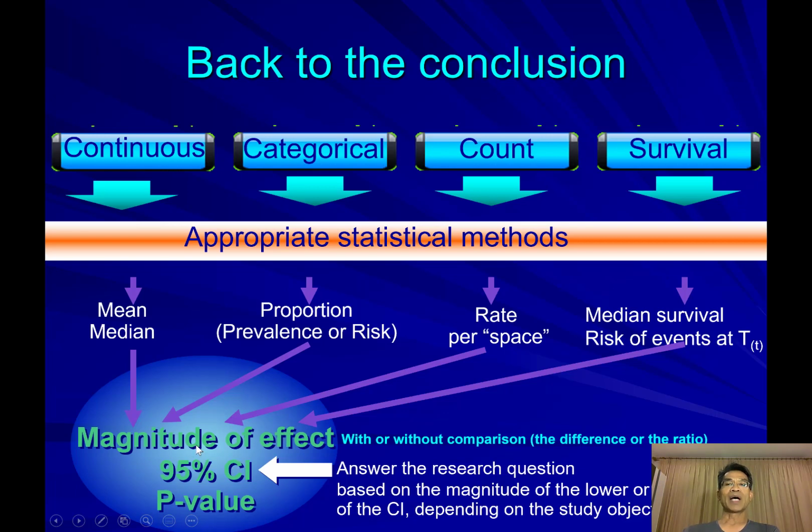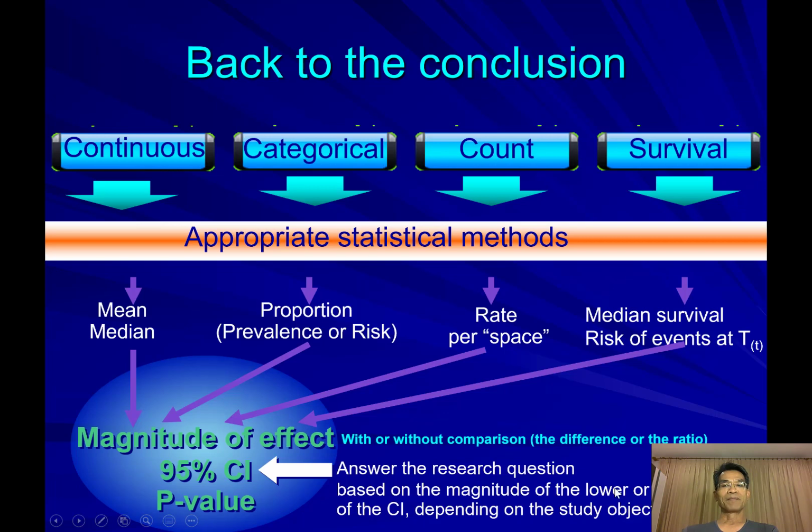And my final remark is that whatever you use, don't forget the basis of it. In every research, especially clinical research, we need to quantify the magnitude of effect, incorporating the error, for judgment. So whatever statistics we use, just ensure it's appropriate.